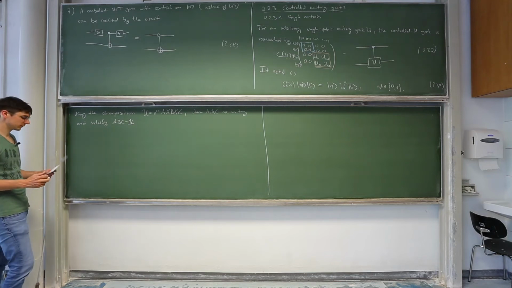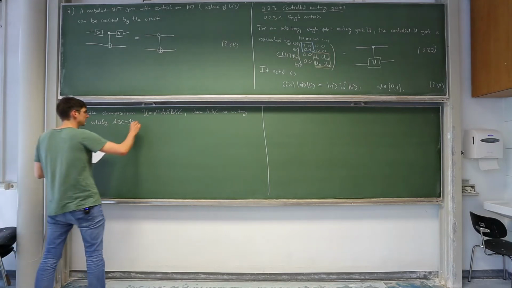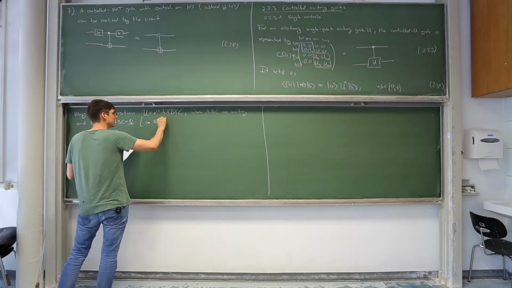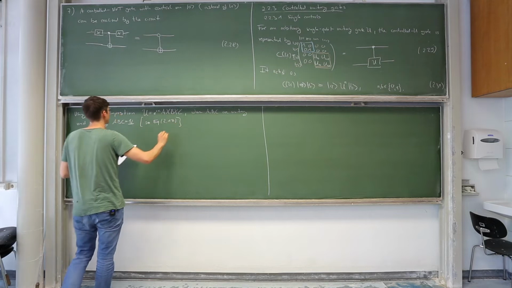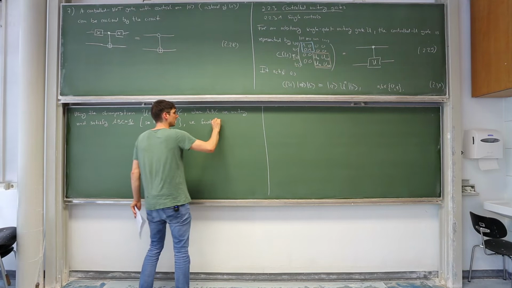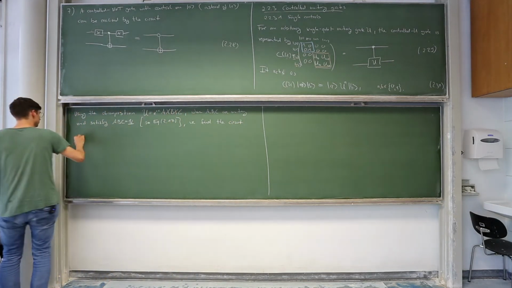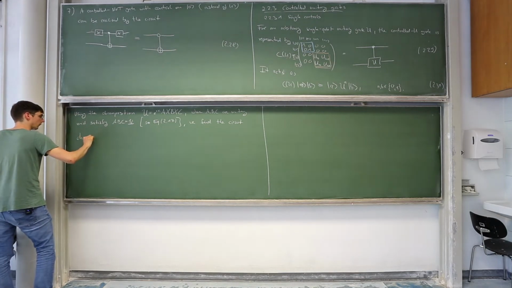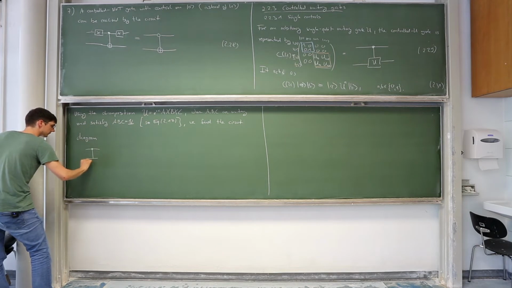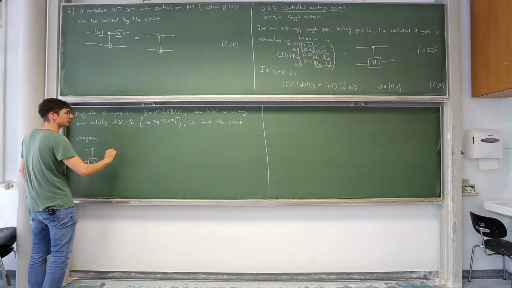Now we use it. With this decomposition, equation 2.17, we find that this controlled unitary is equal to the following.